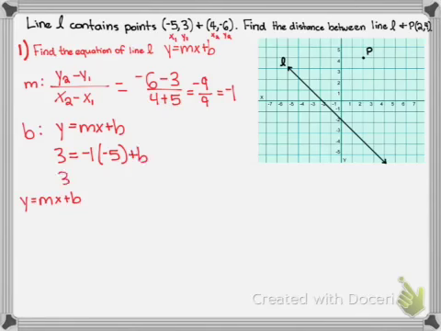So that's 3 equals 5 plus b. So b is equal to negative 2. The last step in 1 is to plug it into y equals mx plus b form to get our equation. So our final equation will be y equals negative 1x minus 2. So that is the equation of our line.